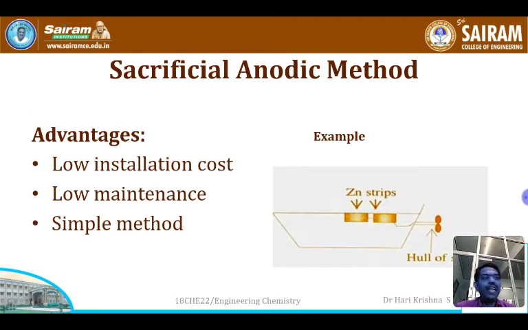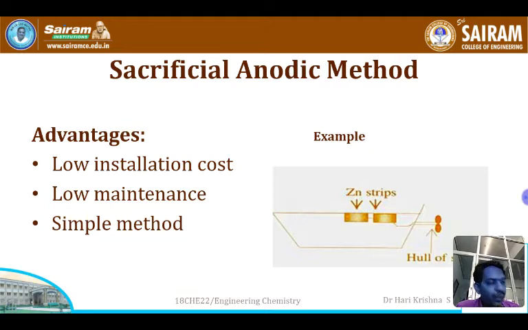Firstly, the sacrificial anodic method. Here, the metal to be protected, which we call the base metal, is converted into cathode by connecting it to a metal which is anodic to it. So metals like zinc and magnesium, which are more active than iron, are used to supply electrons to the specimen, thereby converting the anodic sites to cathodic sites.